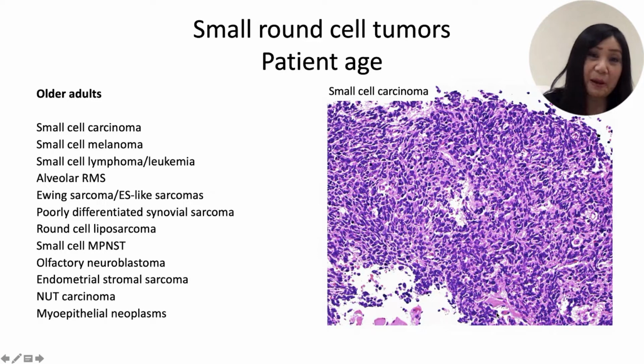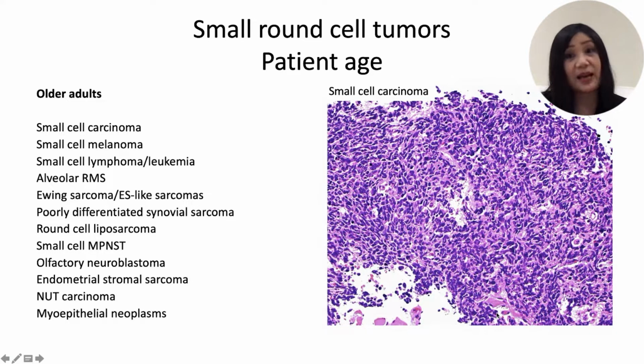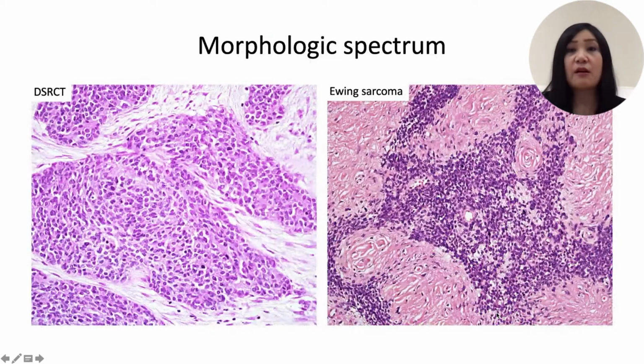Also poorly differentiated synovial sarcoma, round cell liposarcoma, small cell MPNST, and then things that occur at different sites or as metastatic tumours that we may not think of immediately, such as olfactory neuroblastoma, endometrial stromal sarcoma, NUT carcinoma, and various myoepithelial neoplasms. So first, we need to be able to appreciate the morphologic spectrum. So we can see DSRCT on the left, very classic morphology of angulated nests in fibroblastic or myofibroblastic stroma.